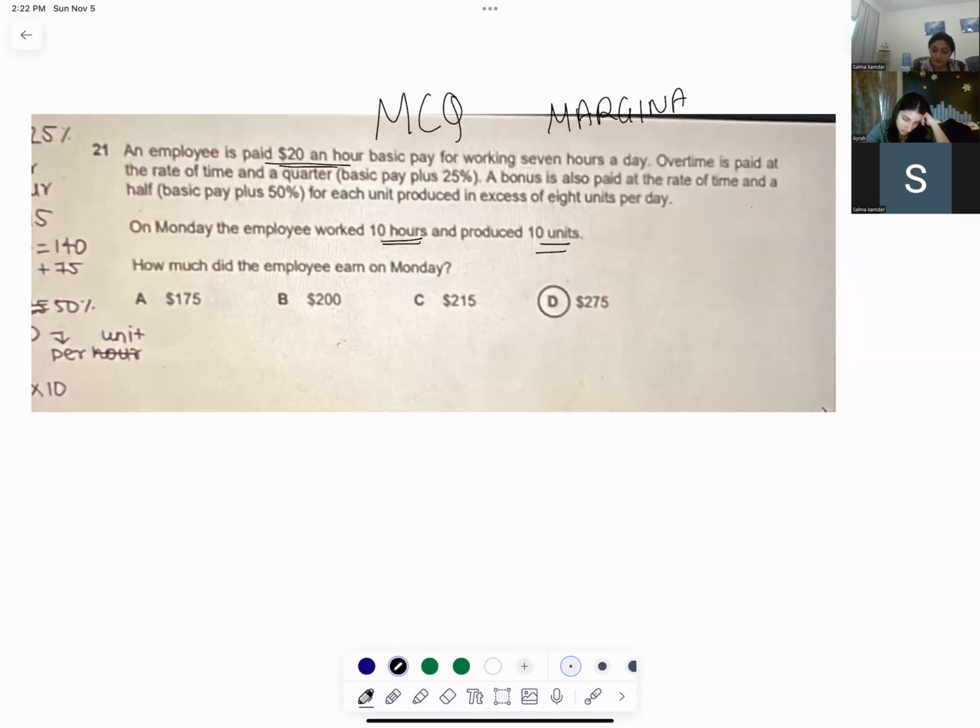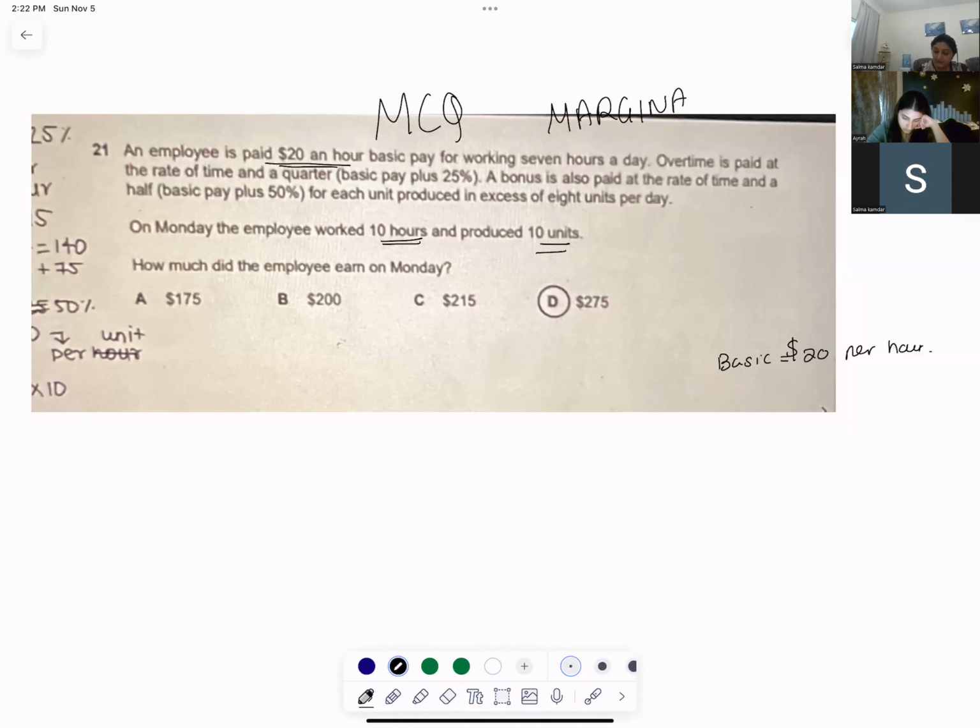Okay. So you are paid a basic pay. How much is the basic pay? $20 per hour. And overtime is paid at basic plus 25% and bonus is also paid at basic plus 50% for each unit produced in excess of 8 units per day.